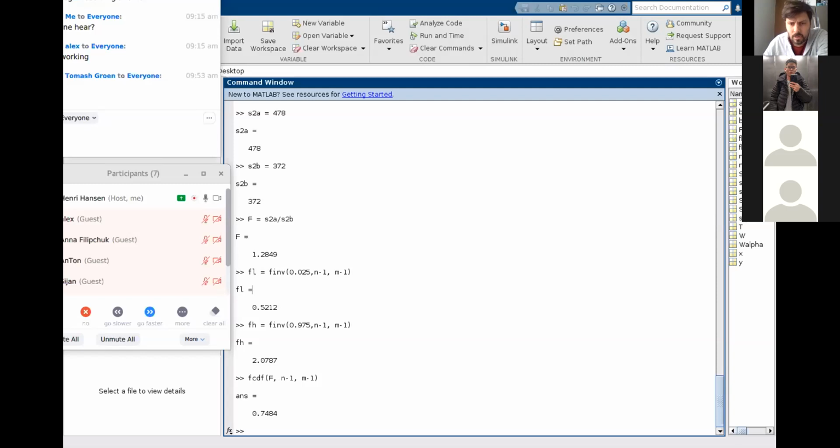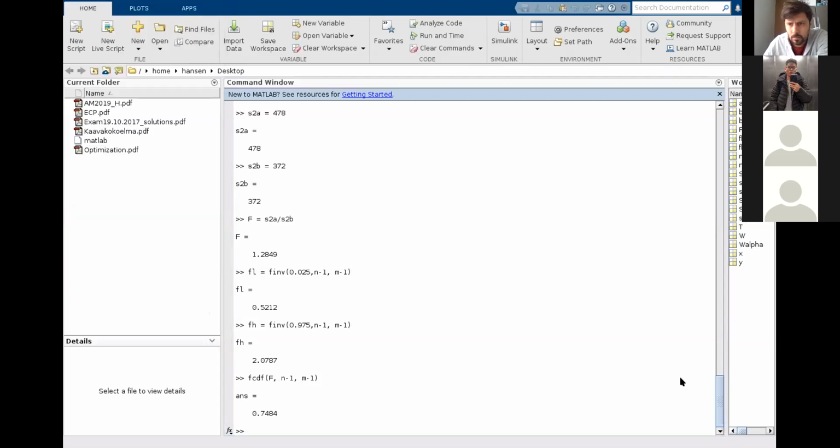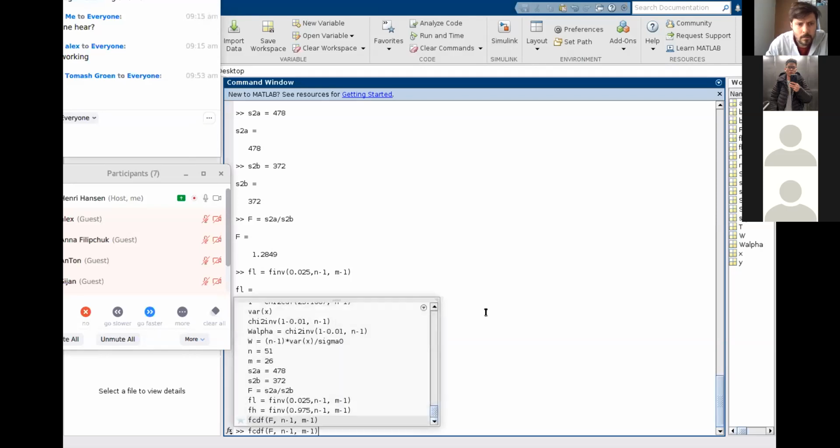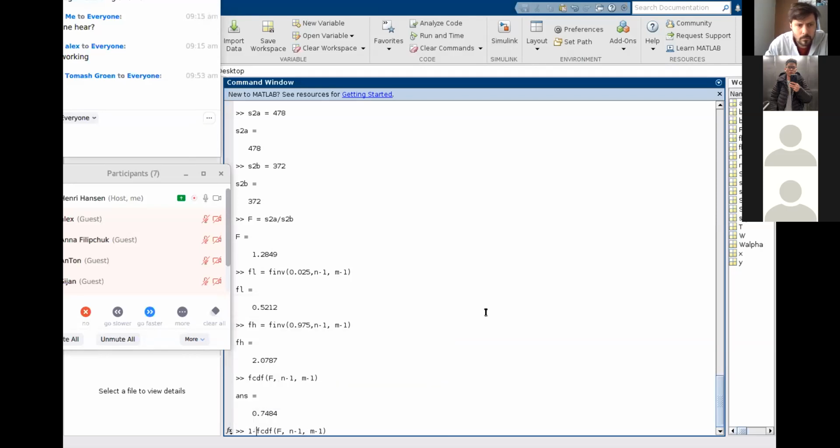Let me just double check. Oh, sorry, we have to calculate 1 minus that, and then because this is two-tailed, we get the p-value is 0.5.